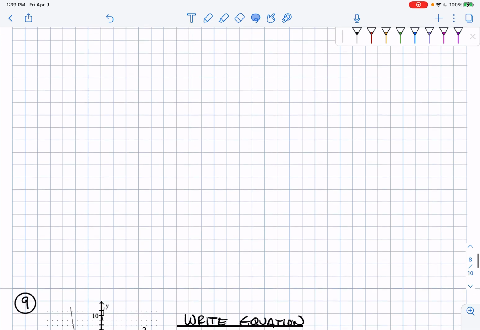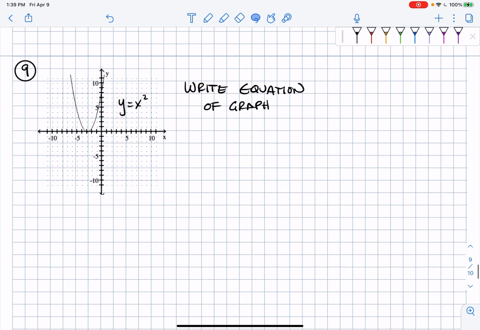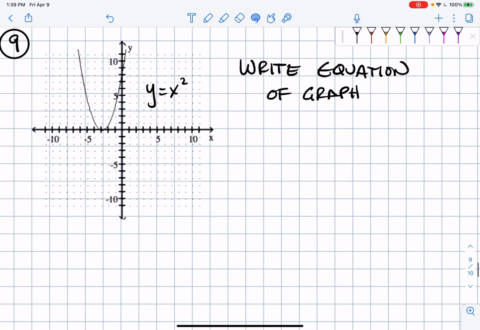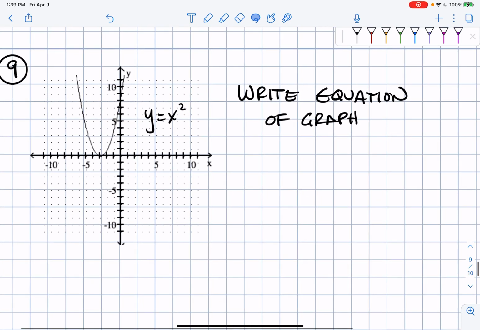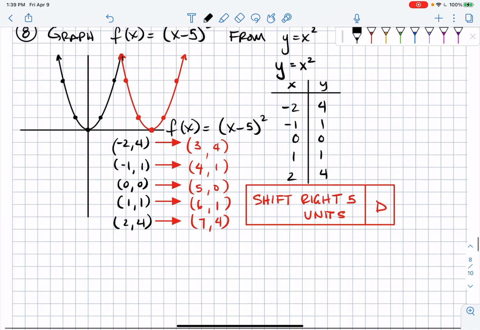All right, number 9, I want to write the equation of this graph from x squared. All right, so we just talked about x squared, right? x squared has those points. Let me bring those points down.